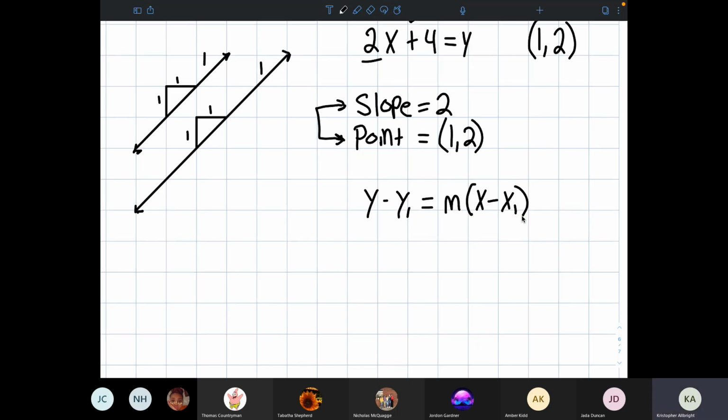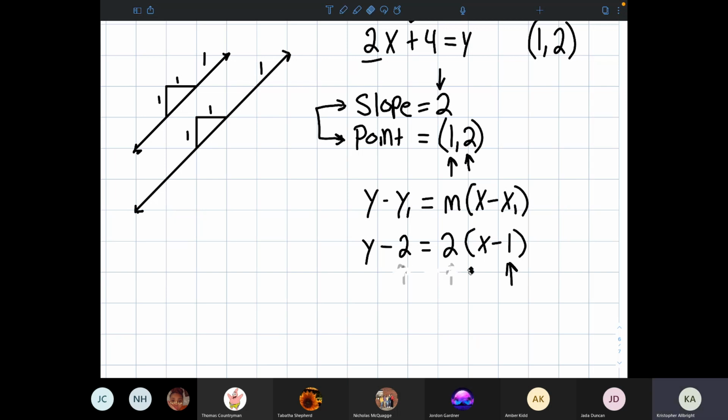When we plug this in, it looks like this: y minus 2 equals 2, because this is our slope, times x minus 1. My x1 came from right here, my y1 came from right here, and my slope, my m, came from right here.